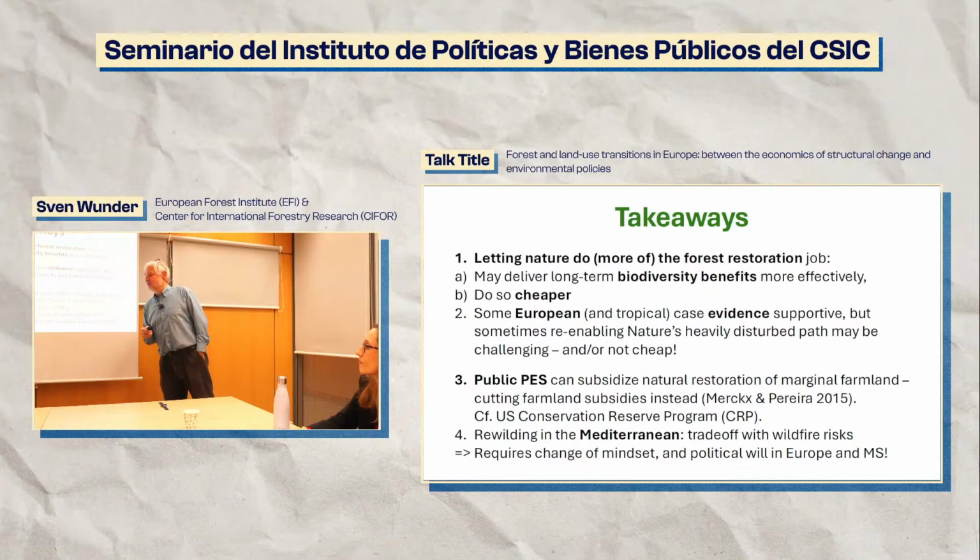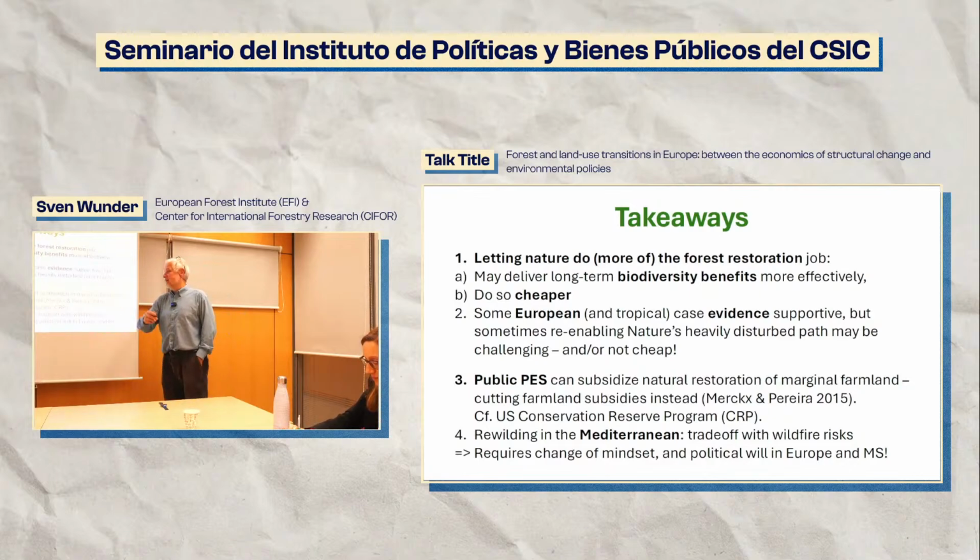And finally, on some of these rewilding strategies, in particular in the Mediterranean, there are some trade-offs. The notion of letting the landscape alone and letting it regenerate is maybe complicated if we're talking about an ecosystem that for hundreds of years has been managed by people, so it's very much a co-evolution of human systems and adapted biological systems.